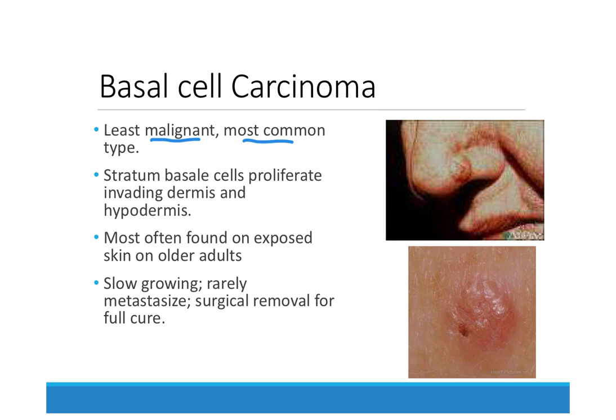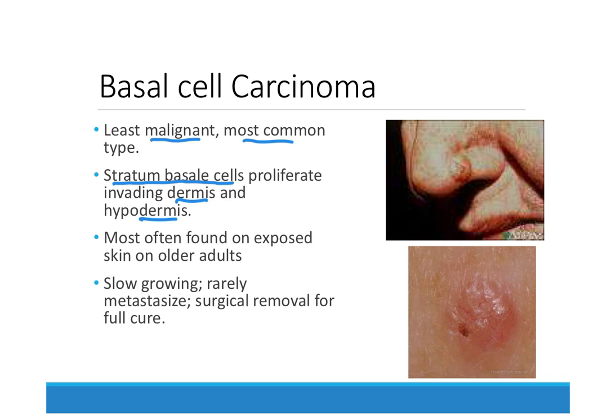This type of cancer happens because the stratum basale cells, those cells that are doing mitosis and dividing to make more cells for your epidermis, are reproducing too rapidly. Cancer just generally means cells are not dying when they're supposed to, and so they just keep on reproducing. And so these cells then move into the dermis and the hypodermis.